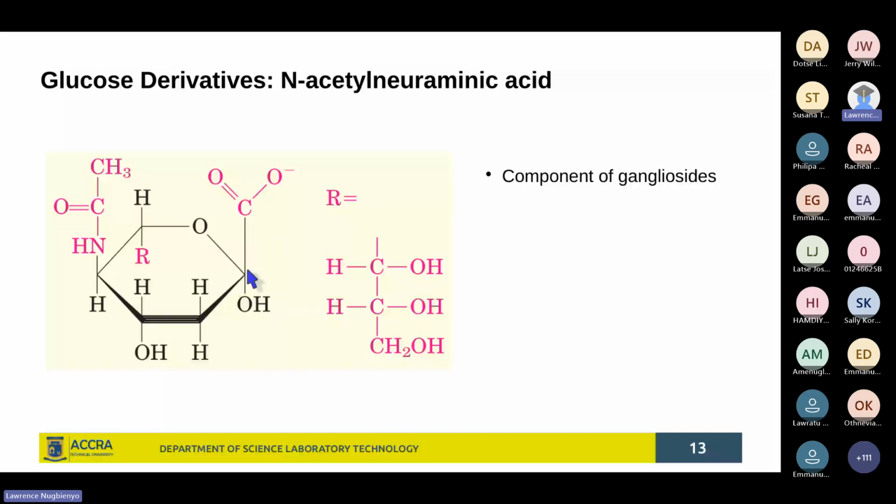Then we also see on carbon number 4, an N-acetyl group.